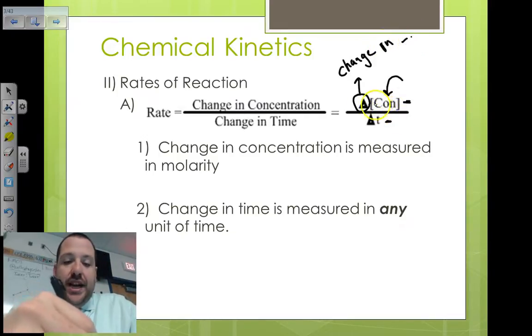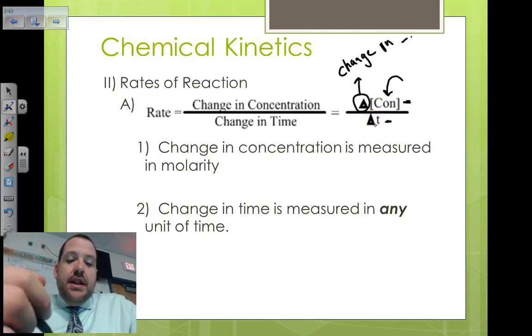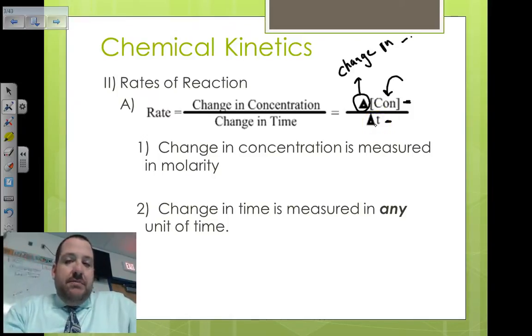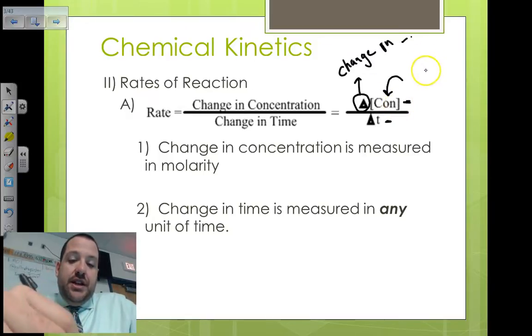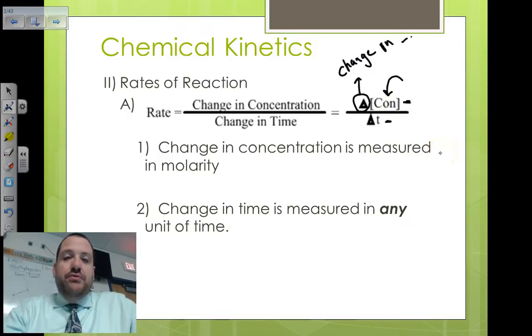And so this change is a change in the concentration over the change in time. And so all we have to do is keep in mind that concentration is a measure of how much reactants and how much products there are at whatever time we're talking about the reaction.